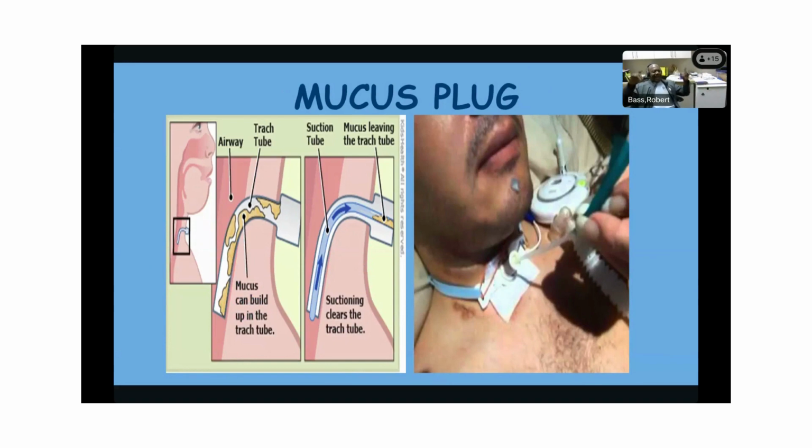Now, my next question to you as a provider: we've got a few paramedics in here, we've got a few AEMTs in here, and the majority are EMT basics. Are you able to suction this patient's tracheostomy? Marshall said yes.